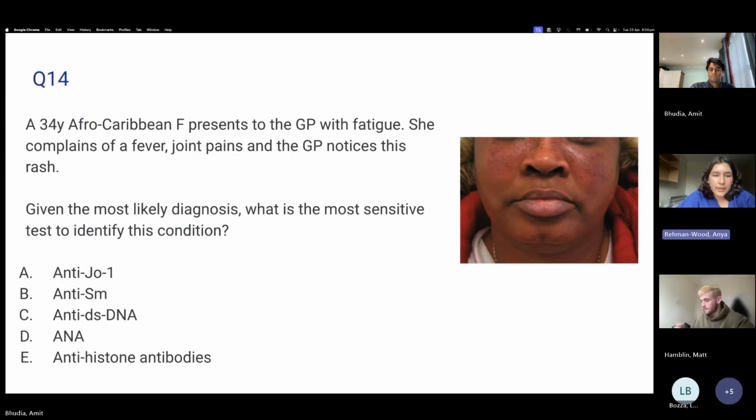So a 34-year-old Afro-Caribbean female presents to the GP with fatigue. She complains of a fever, joint pains, and the GP notices this rash. Given the most likely diagnosis, what is the most sensitive test to identify this condition?